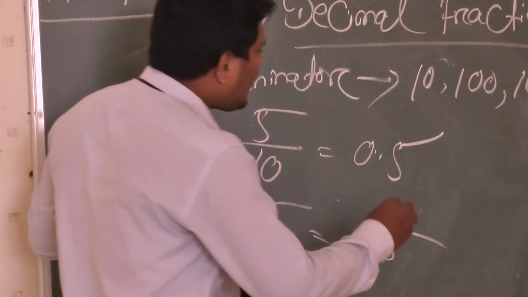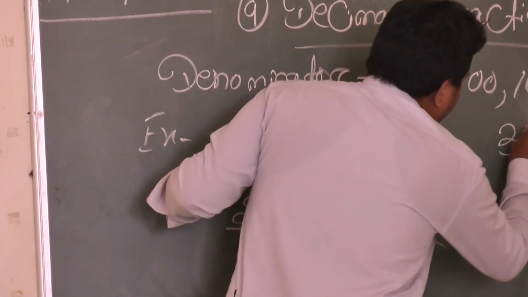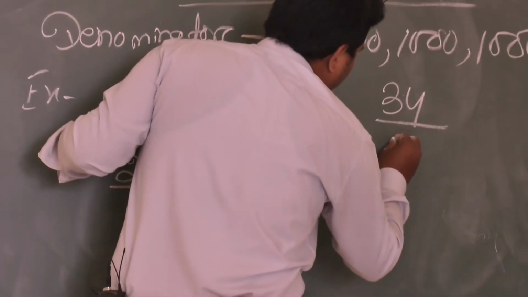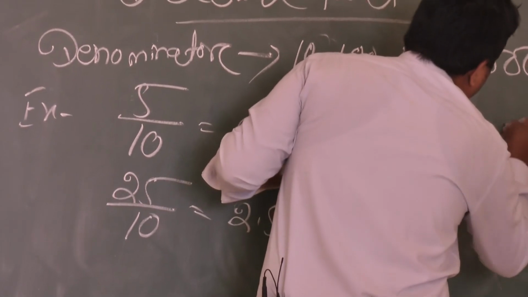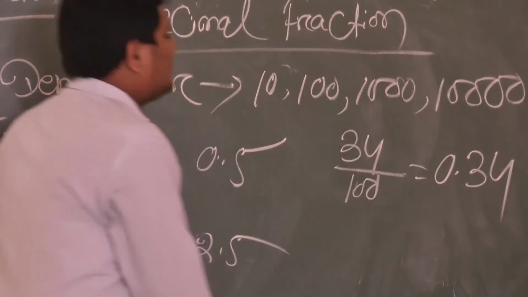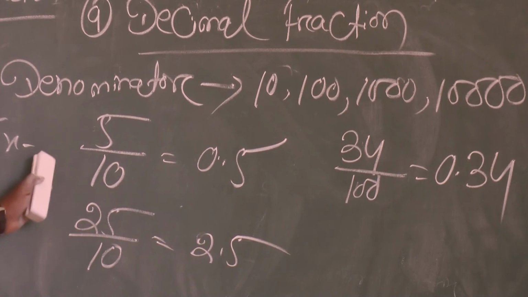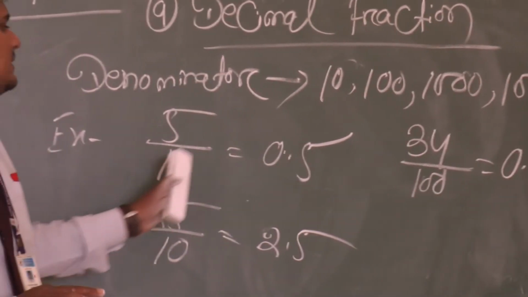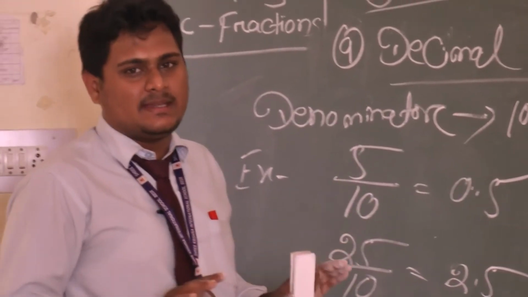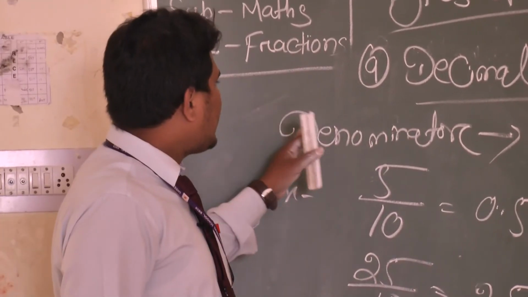Yes or no? Like that, it will be 34 by 100. Okay, we can write it as 0.34 as decimal. Like that, the 1000, 10,000, whatever may be the denominator, we can change it into decimals very easily. Okay, so these are the 9 fraction.